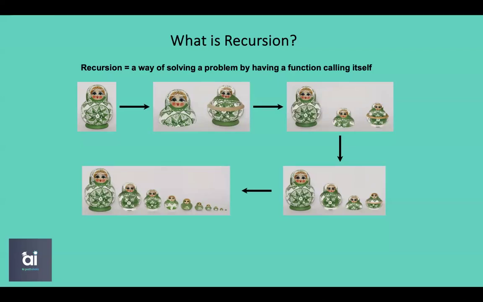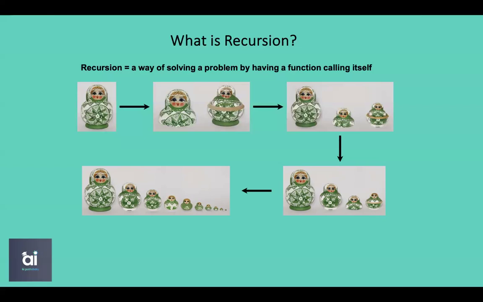As you see, a Russian doll is a sequence of similar dolls inside each other that can be opened. But every time, the size gets smaller and smaller. Each time you open a doll, a smaller version of the doll will be inside it. And you repeat the process until you reach the final doll that cannot be opened.